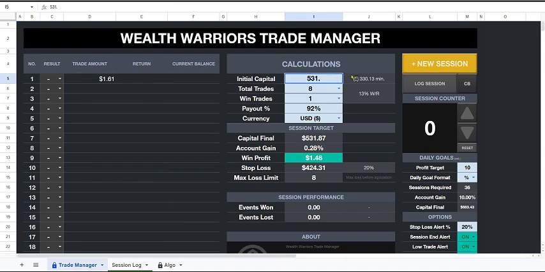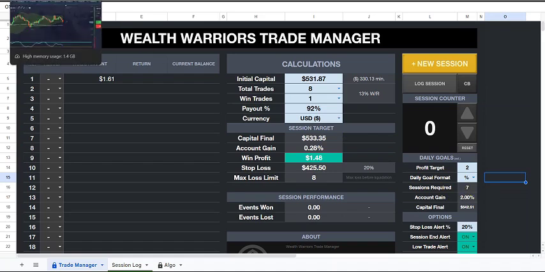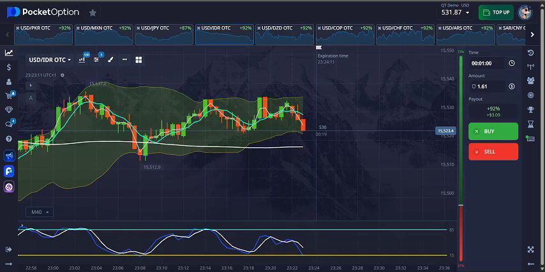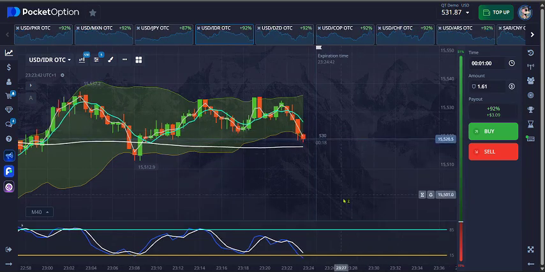We are still trading with 2%, and that is it. We have a total of 7 sessions to complete. So our first trade is 1.61. That is right. So let's watch and see.